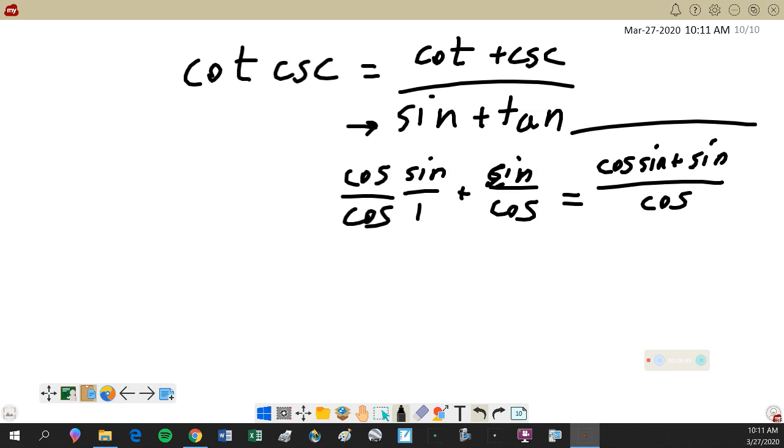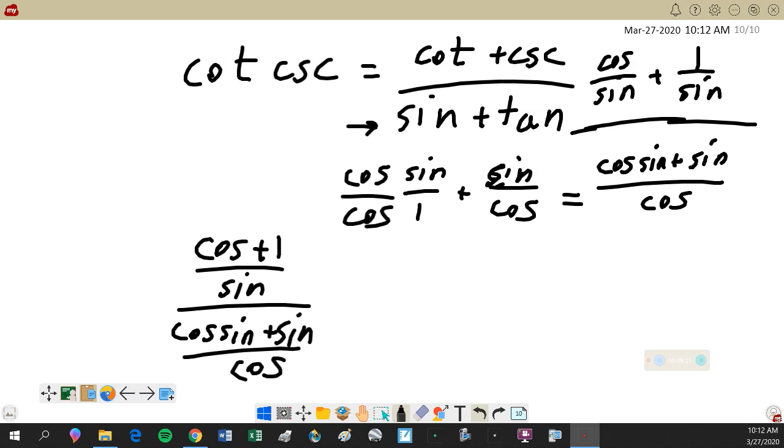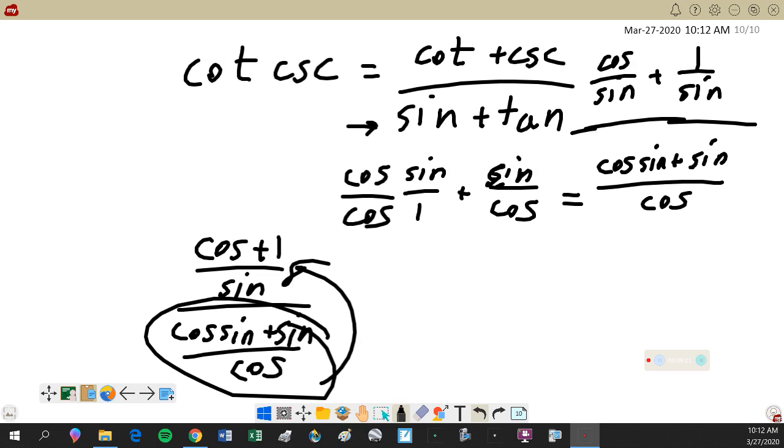Now in the numerator, I have cotangent, which is cosine over sine, plus 1 over sine. Those already have a common denominator. So the numerator is cosine plus 1 over sine, and the denominator is cosine sine plus sine over cosine. Now I invert this and multiply, and hopefully from there you can figure out how to get that. Boy, that was much easier. So if you still struggle, let me know and I can help you out.